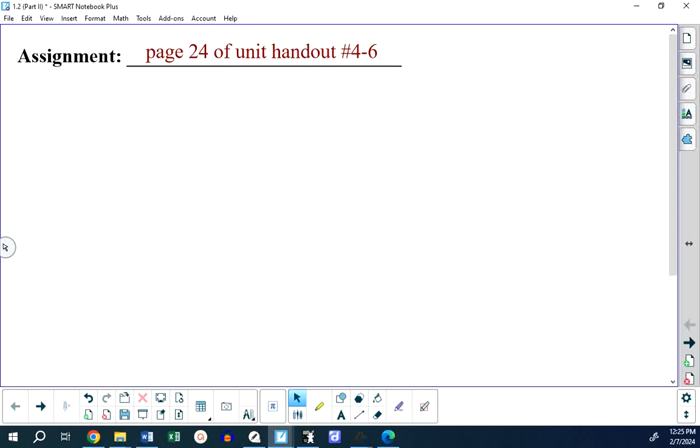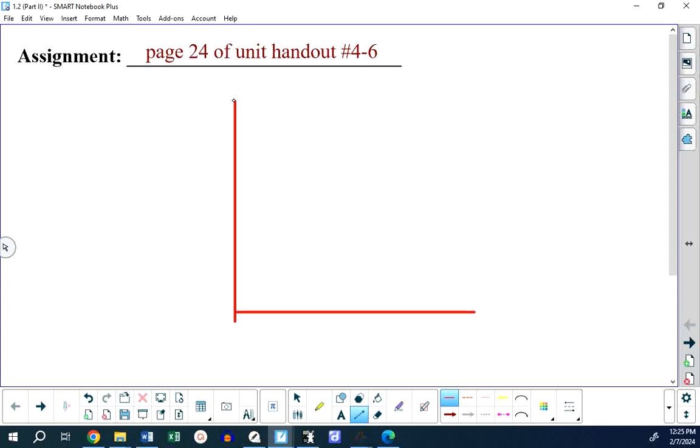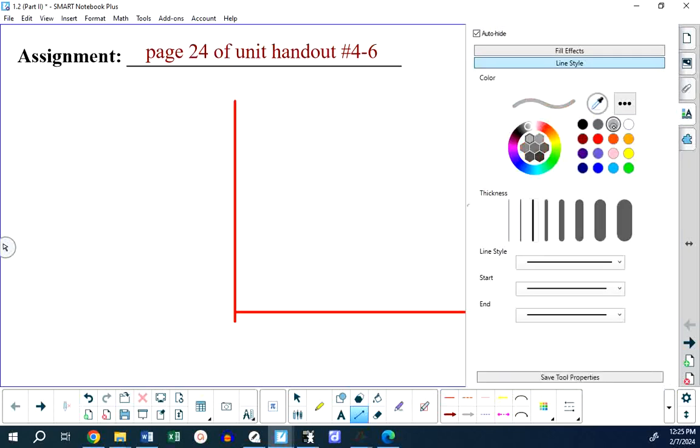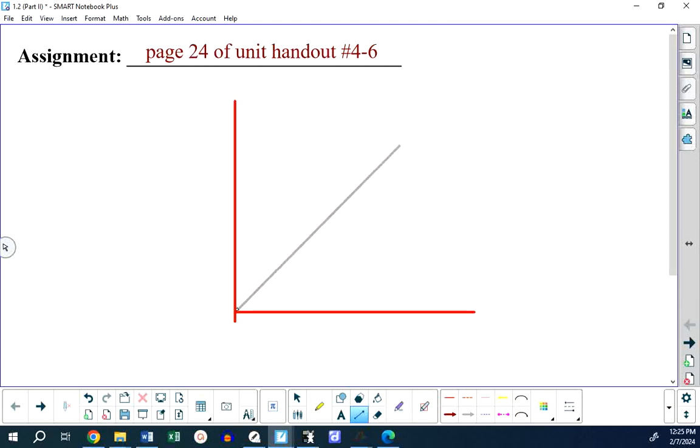Okay? What we have learned so far about direct linear relations is that they have a graph that looks like that. This is the independent variable.